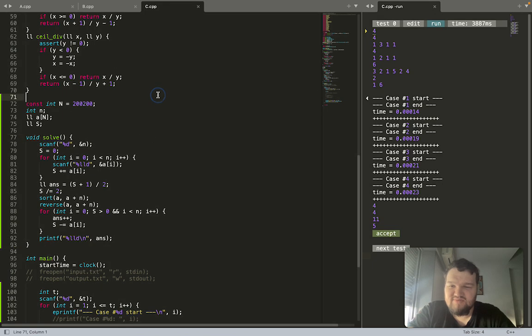Okay, so this solution works in n log n because of sorting. I guess it's technically possible to do in linear time. Instead of sorting, we can try to do something similar to nth element in linear time, except that we don't know the position of the element that we want.